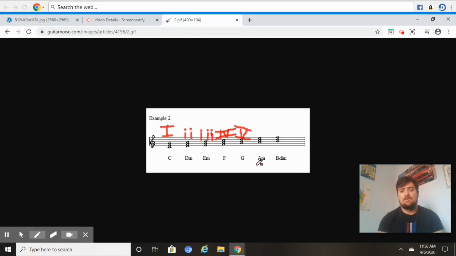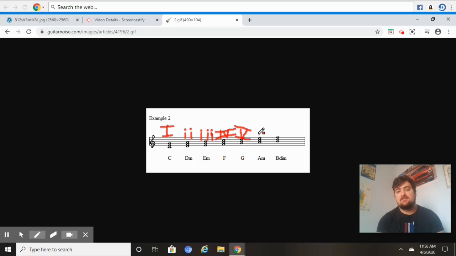Now the 6th chord is the relative minor of C. So I'm sure you guys know about that. Relative minor is basically just the minor key that is in the major key, right? So C major and A minor have the same key signature, therefore it's a relative minor.